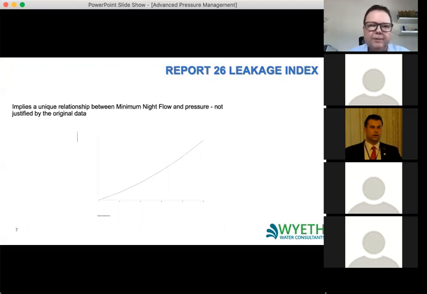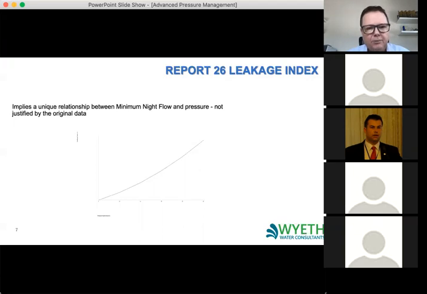Alternatively, if you only have 10 meters pressure in your network and you reduce from 10 meters down to 9 meters, only a 1 meter drop in pressure, you're still reducing the pressure by 10%. And if you reduce it by 10%, your leakage volumes are going to reduce by 10%. So pressure management can be done with all pressure levels, whether you've got high pressures or low pressures.